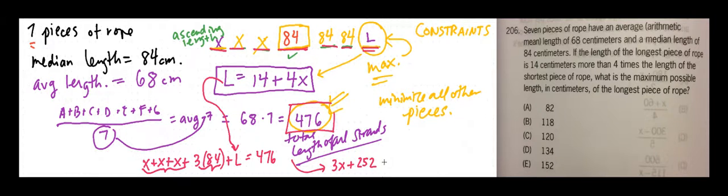Okay, and instead of L, it's 14 plus 4x from up here, equals 476. Now look, you've got 3x and 4x, that's 7x. 252 and 14 is 266. That has to equal 476.